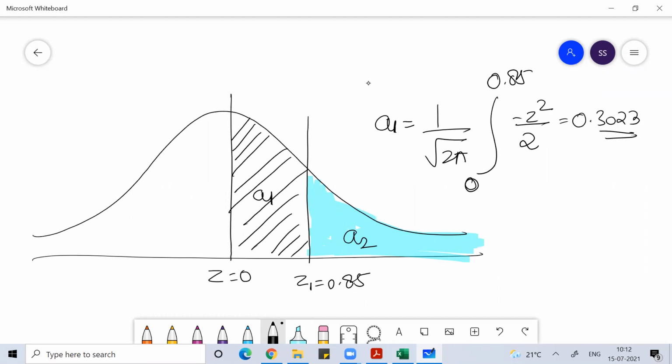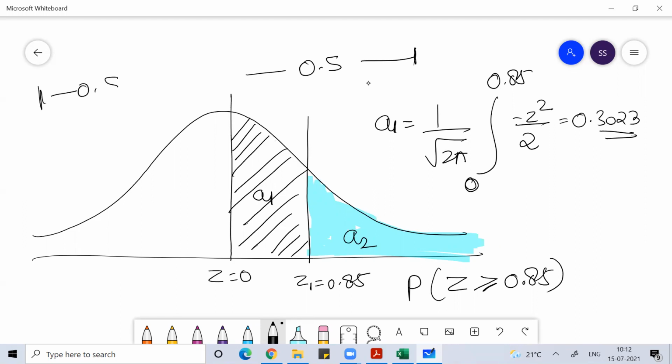The question was that you are looking for the area of z which is greater than or equal to 0.85. So you know that the total area on the right-hand side is 0.5, and on the left-hand side it is 0.5.